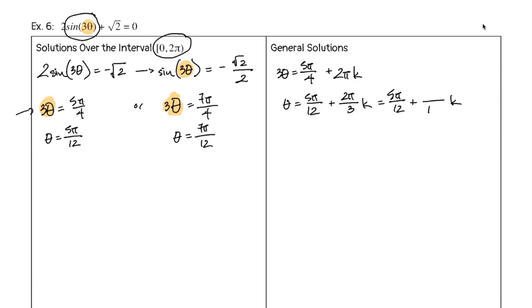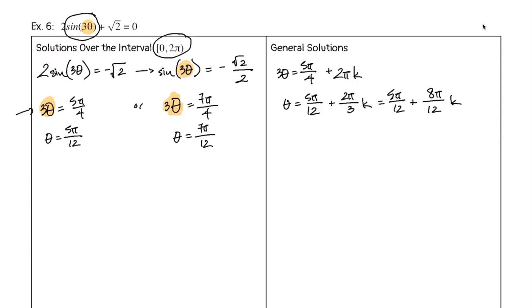if I make this second denominator 12, what's my numerator for the second fraction? In other words, if I were to make a common denominator, 12 and 12, yeah, we would get 8 pi, okay?